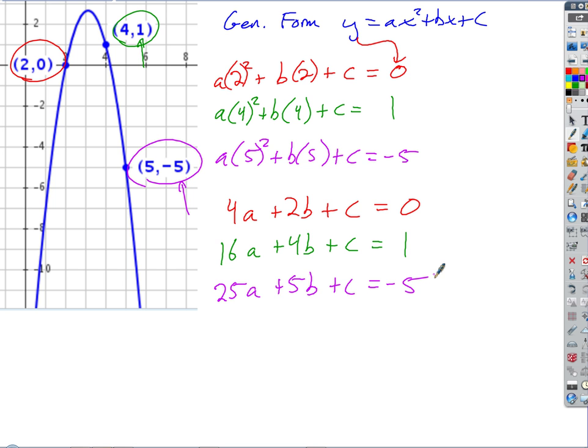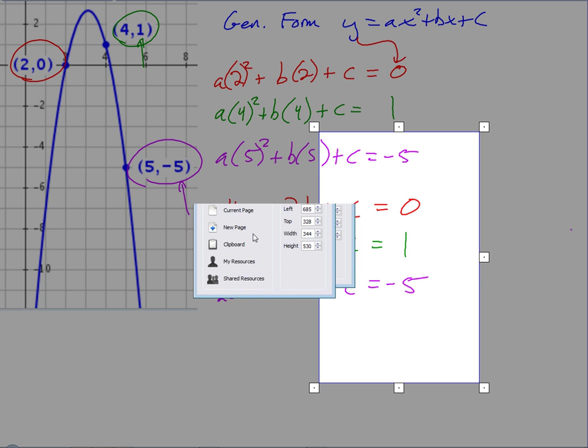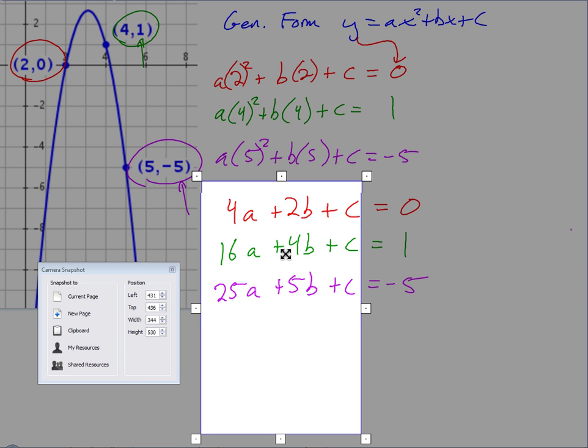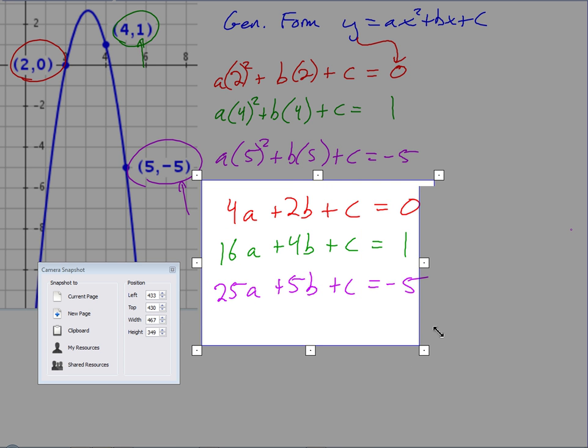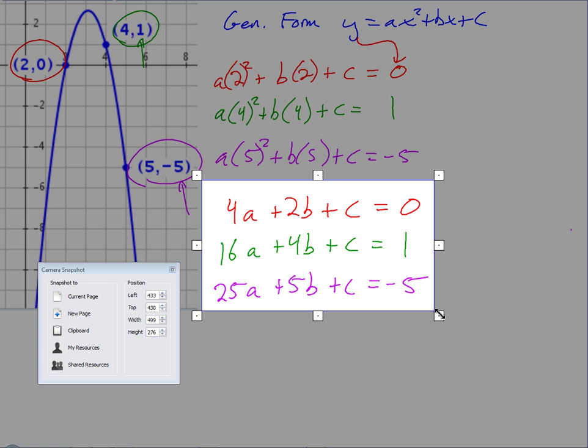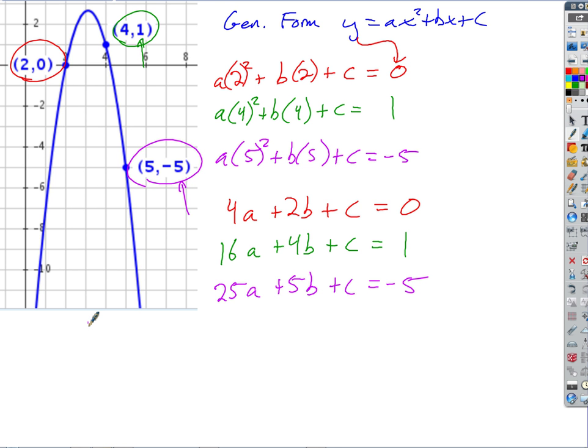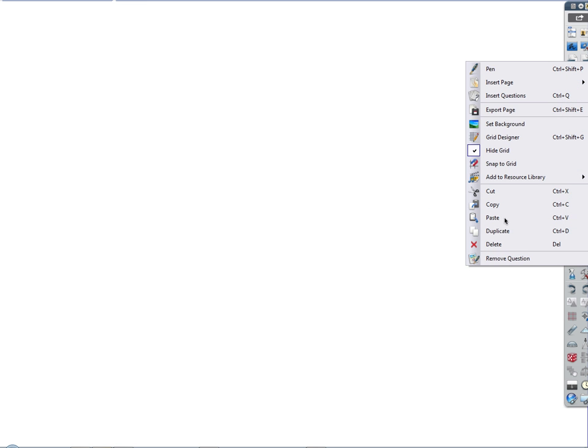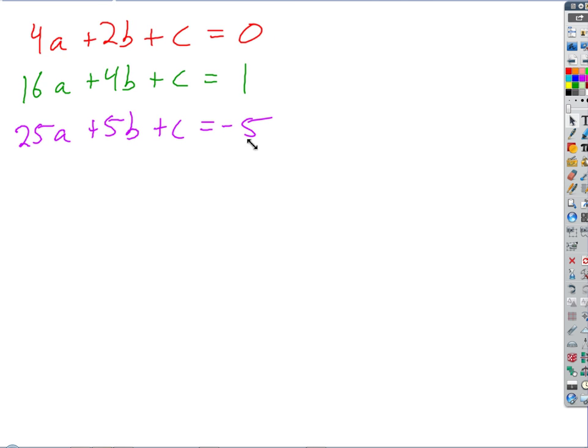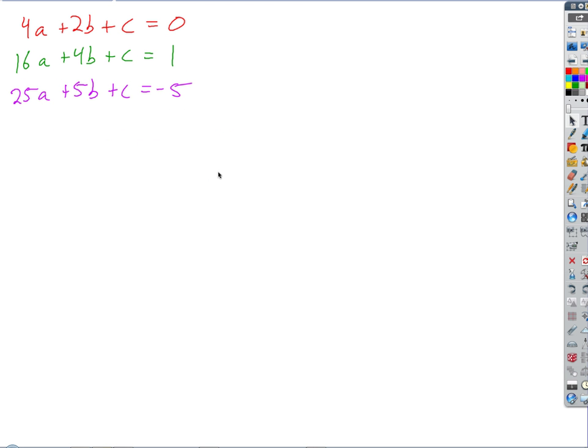And so we're going to take that linear system into the calculator and let the calculator solve it.